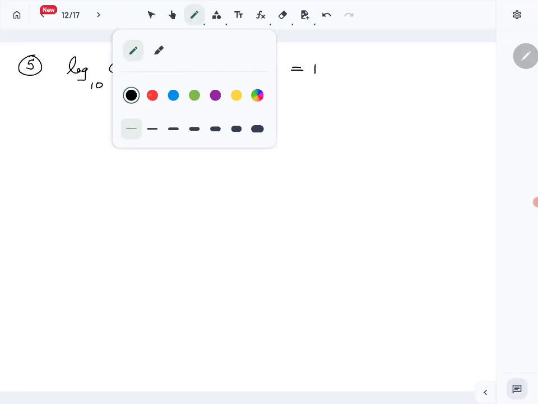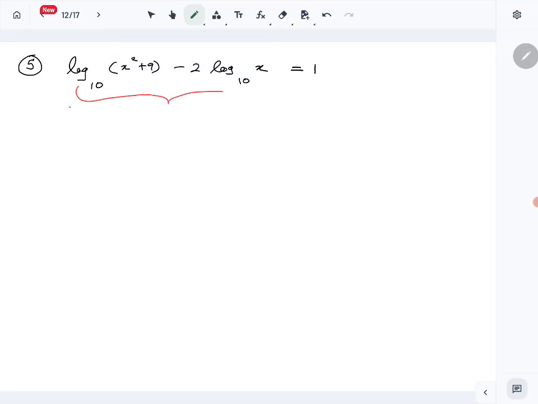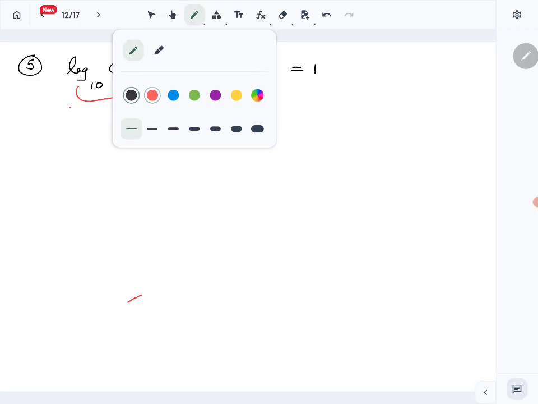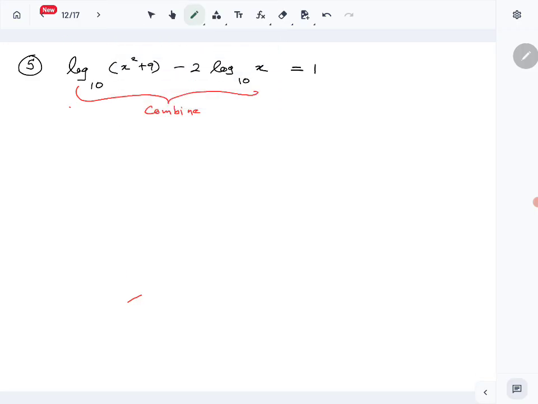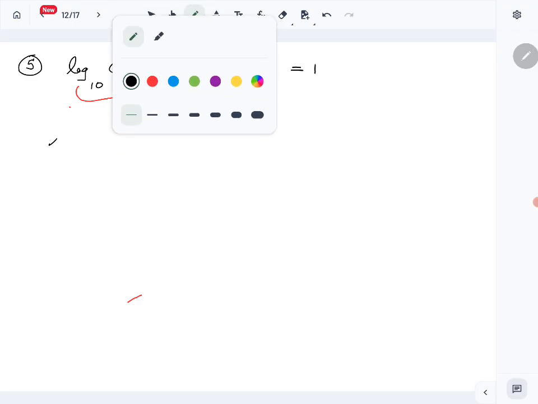So because there's more than one log term, just combine into a single log. So to do that, any constant in front you have to move to the exponent position. Otherwise we can't use the product law or the quotient law. Okay, so first move any constants in front into the exponent position using the exponent law.